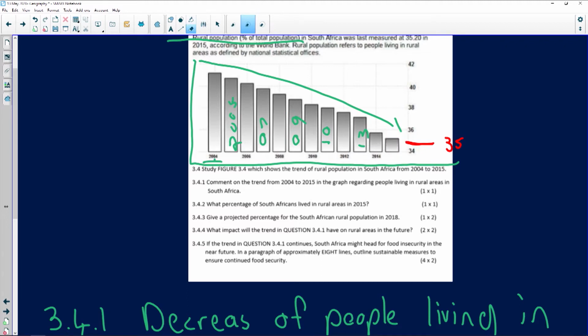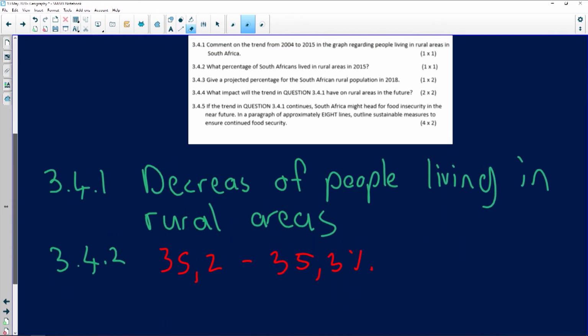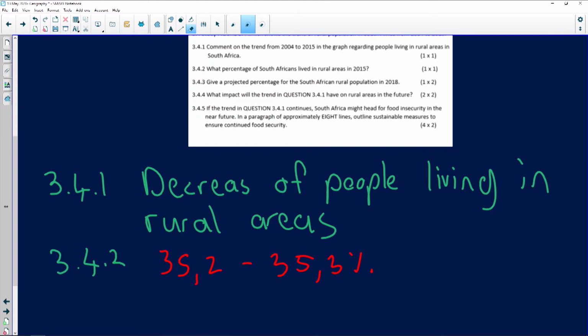If you had to divide the space between 34 and 36, we know it will be 35. And as you can see, the graph is a little bit taller than 35. So anything from 35.2 to 35.3 percent.